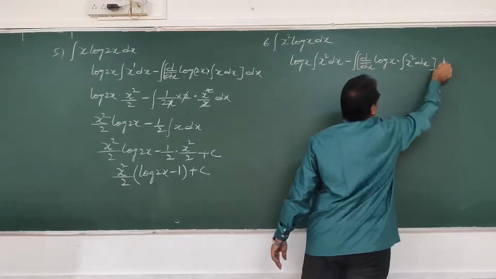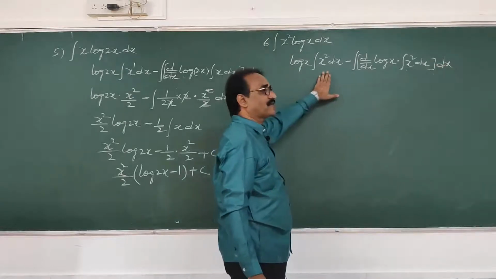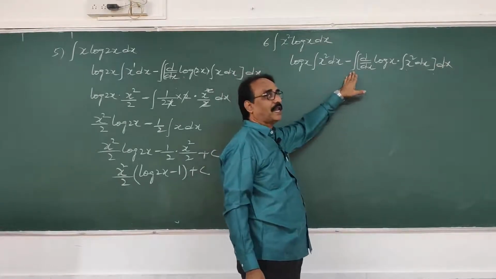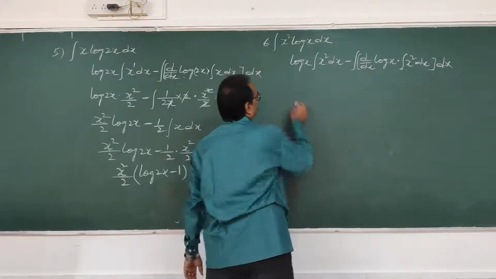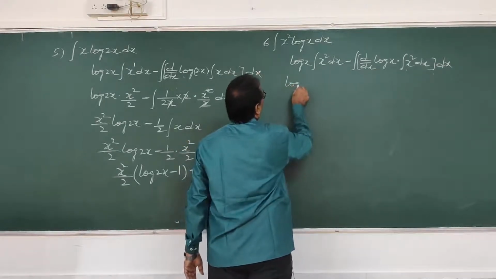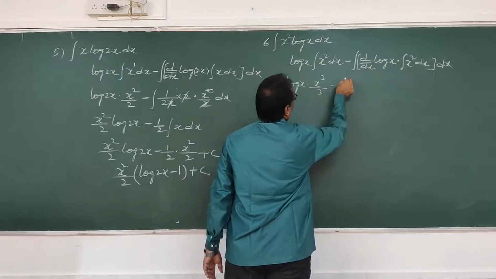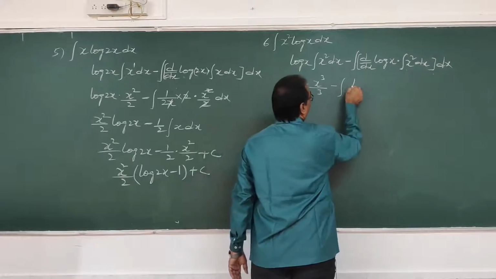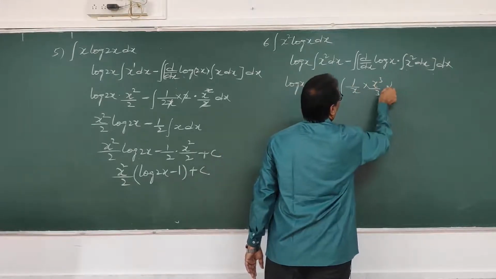Again, always this formula you have to bear in your mind: first function into integral of second function, minus integral of derivative of first function into integral of second function dx. So log x into integral x square, x cube by 3, minus integral derivative of log x, 1 by x, integral of x square, x cube by 3 dx.